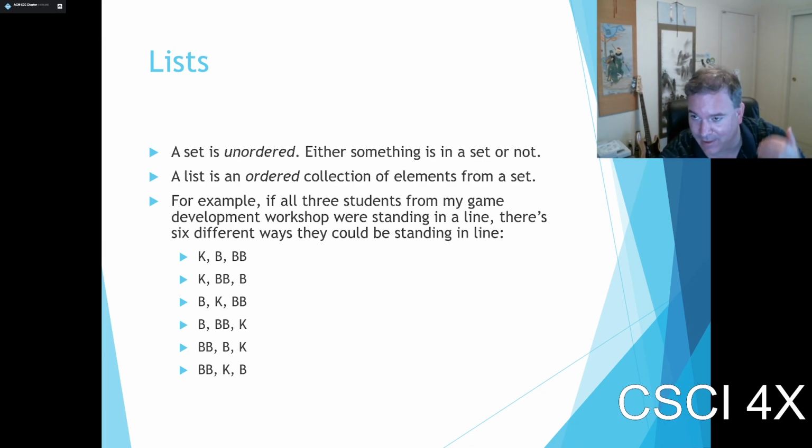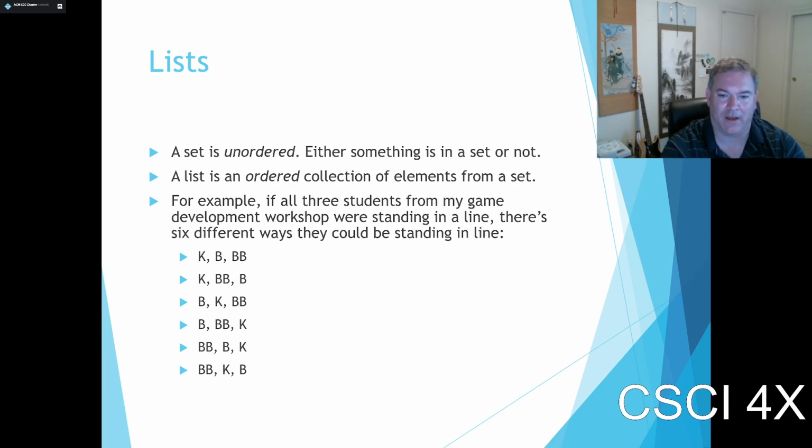You're either in the mob or you're not in the mob. With a list, you can either be in the queue to line up for the tickets or not in the queue, but also I'm third in line, or I'm fifth in line, or I'm seventh in line, okay? And so a line that has me first in line is a different one from me being last in line. That's a distinct, different list, okay?